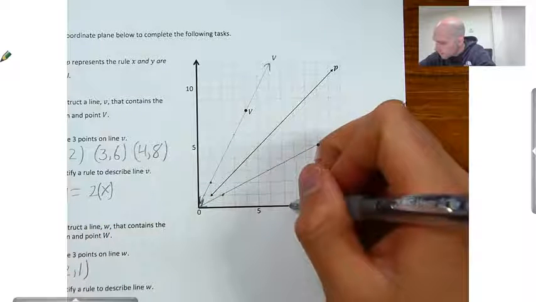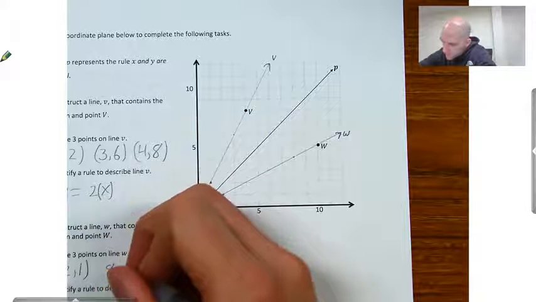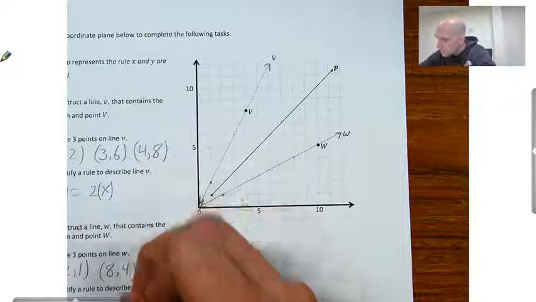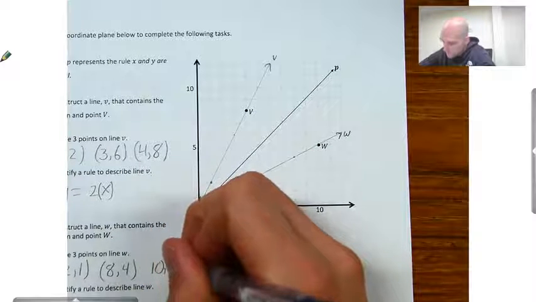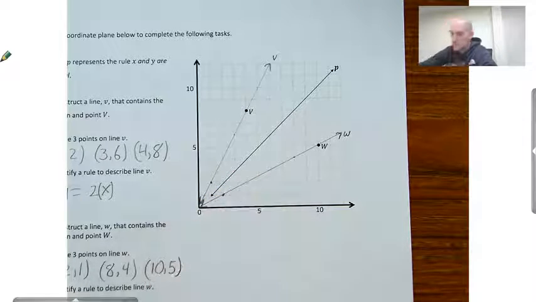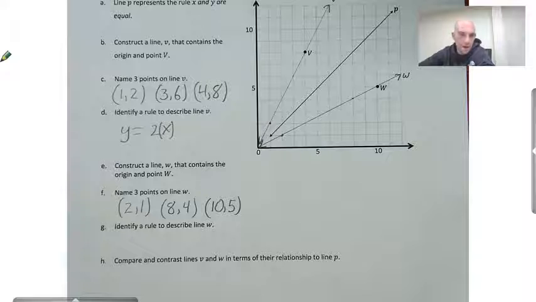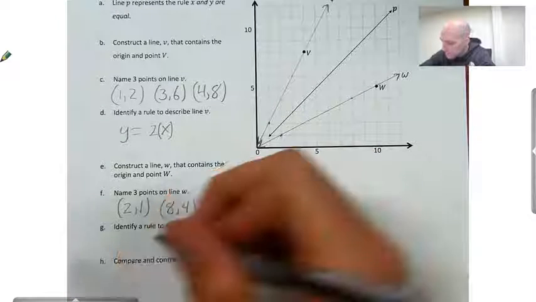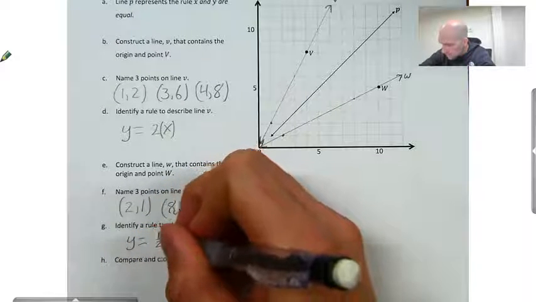We have 8, 4. And we have 10, 5. And this time it looks like our rule will be half of our x value is going to equal our y value, or our x times 1/2 will be y. So y equals 1/2 x.